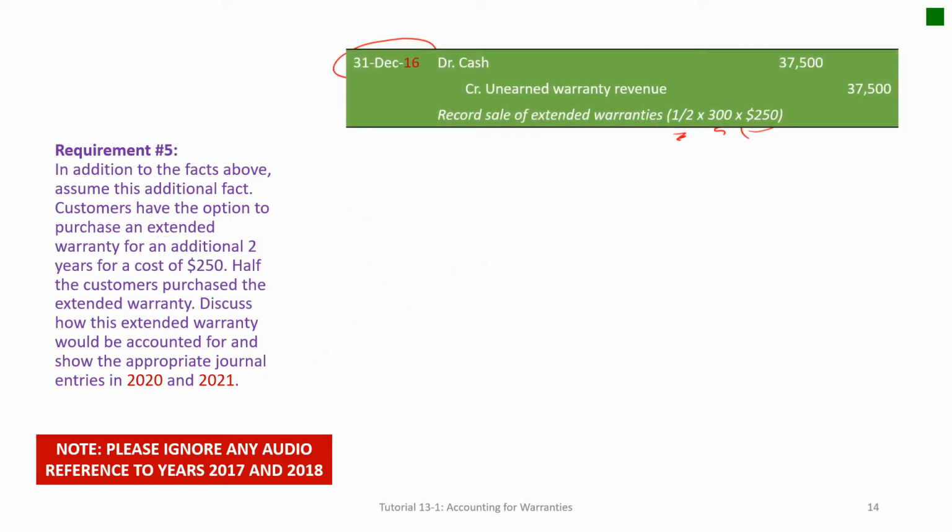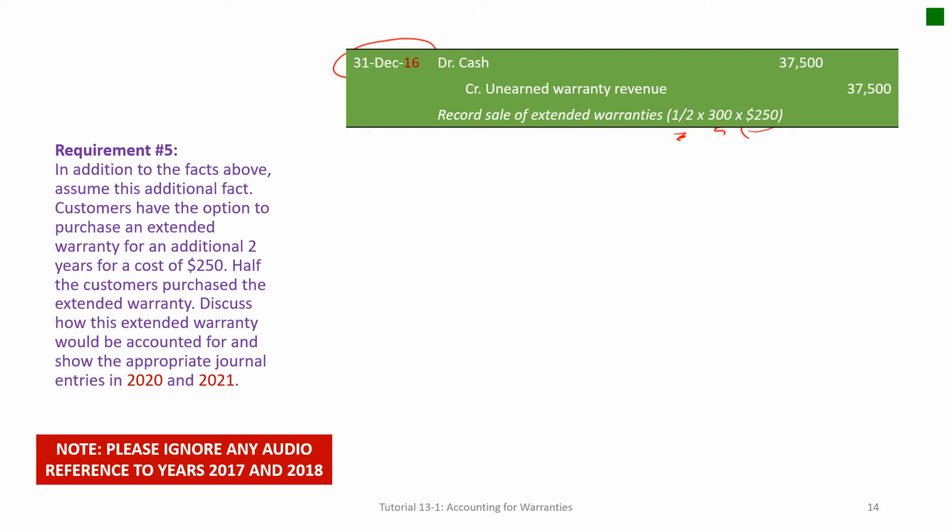So our first journal entry, and this is back in 2013, would be in addition to the normal sales entry, so the sales and the matching warranty expense. But in this case, we're saying that half, or 50% of the 300 laptops purchased, half of those customers will pay $250 for the extended warranty, and so that's how we arrive at $37,500.